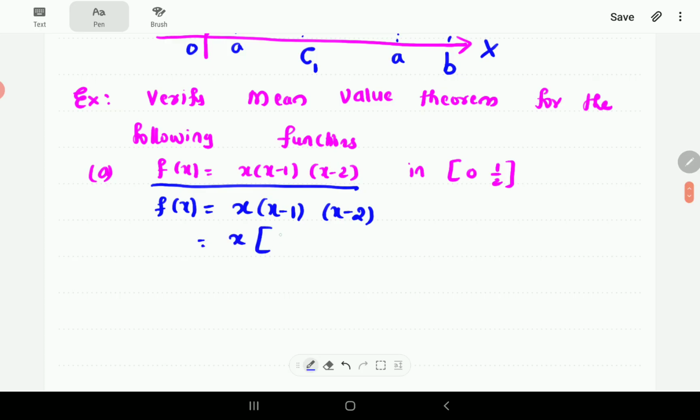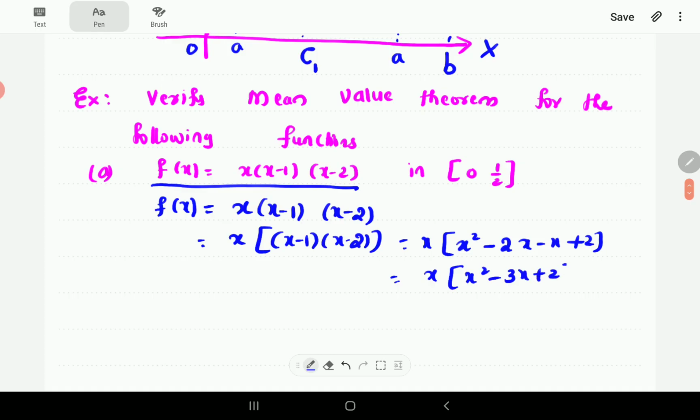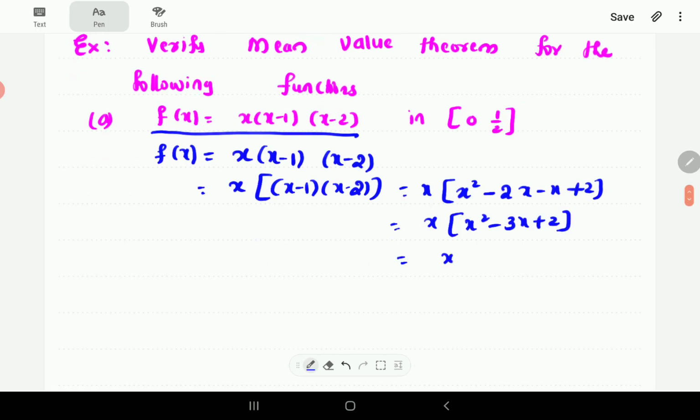This is x minus 1 into x minus 2, so we can write it as x into x square minus 2x minus x plus 2, that is x square minus 3x plus 2. If I multiply this through, it is x cube minus 3x square plus 2x. So this is our final polynomial, our function, a polynomial of order 3.